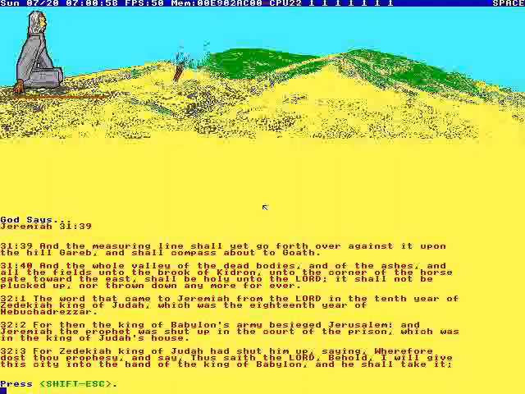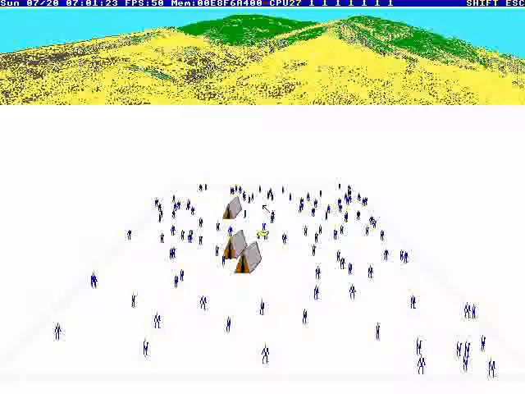The word came to Jeremiah from the Lord, in the 10th year of Zedekiah king. For when the king of Babylon's army besieged Jerusalem, Jeremiah was shut up in the court of the prison which was in the king of Judah's house, for Zedekiah king of Judah had shut him up, saying, Wherefore dost thou prophesy, and say, Thus saith the Lord, Behold, I will give this city to the hand of the king of Babylon, he shall take it. Okay.